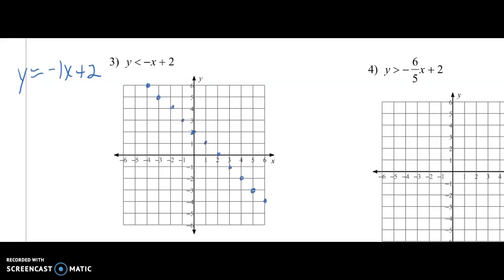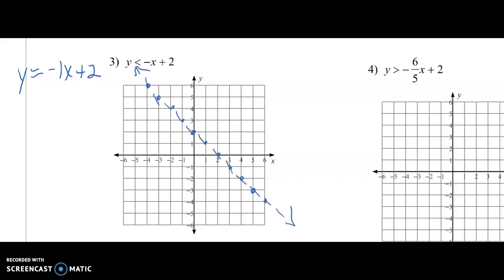So again, I went ahead and graphed my y-intercept at 2. And using the slope, down 1 over 1, I found additional points to graph my line. Now you notice I did not connect the dots yet, because for this inequality, we need to make sure that we connect our dots with what's called a dashed line.